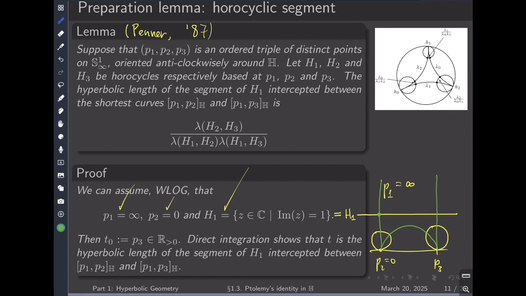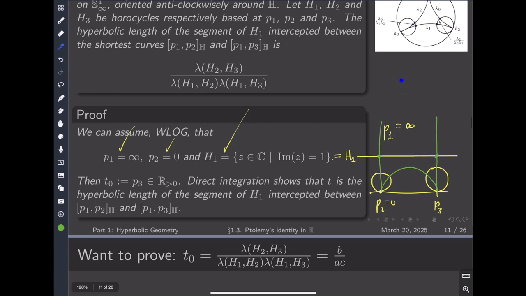Okay, so now consider this segment. This segment is precisely one of these segments, because it's the segment of the horocycle H1 that goes from this shortest curve to this shortest curve. This is the point at infinity.